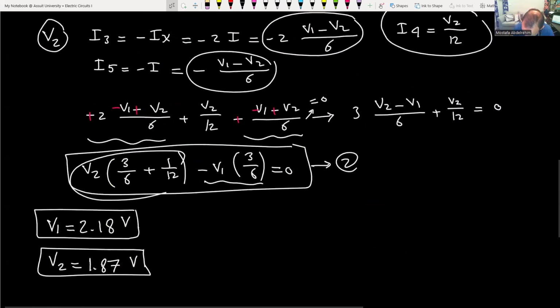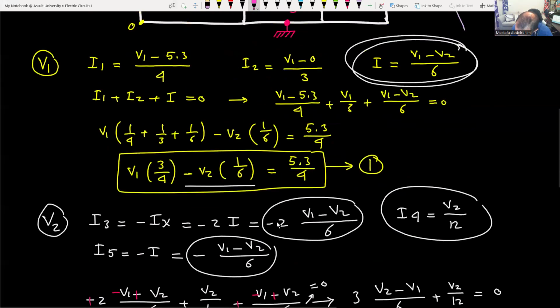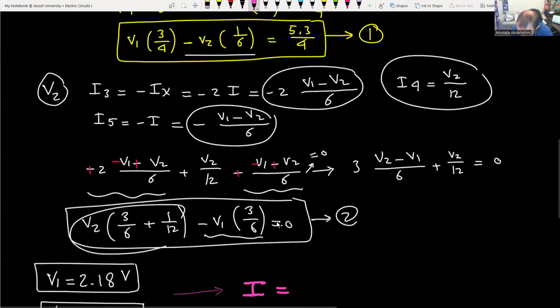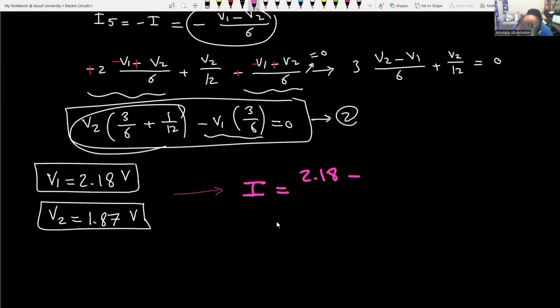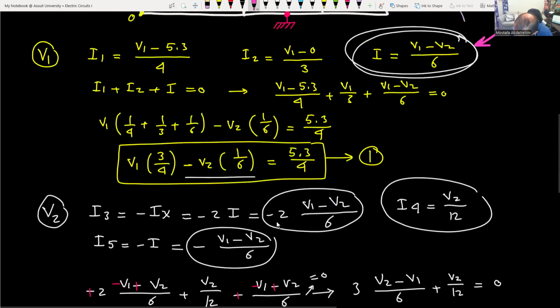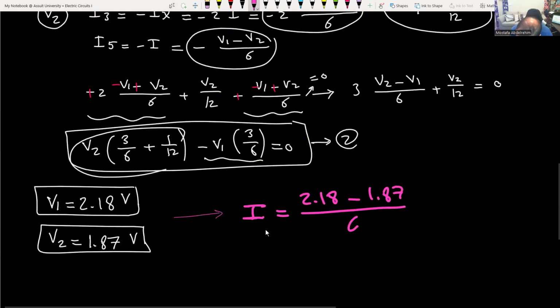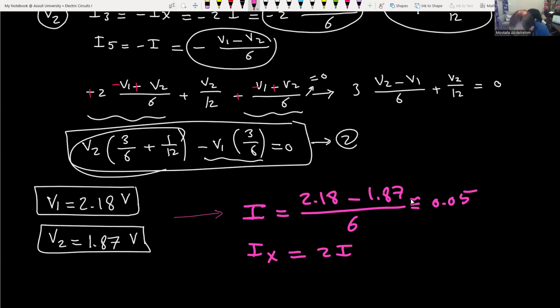So I is equal to 2.18 minus 1.87 over 6. Let's calculate this using Desmos. That's around 0.05. So Ix, which is equal to 2I, is around 0.1 amps.